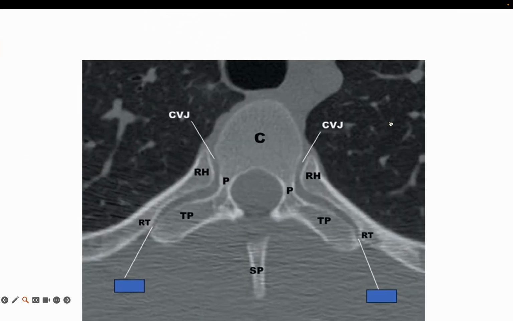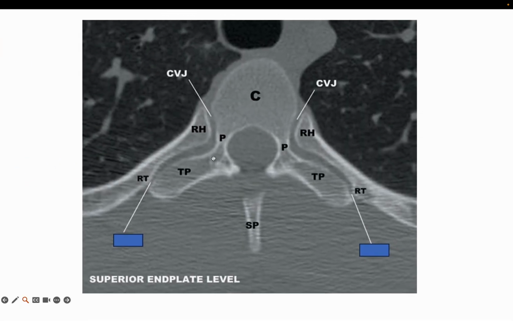Okay, so next, can you identify this? What are these structures?